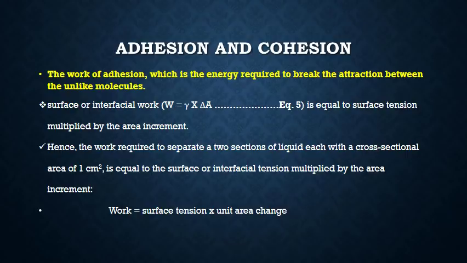So work is equal to surface tension times the change of surface area. Hence, the work required to separate two sections of liquid, each with a cross-sectional area of 1 cm square, is equal to the surface or interfacial tension multiplied by the area of increment. We have an example in the next slide.